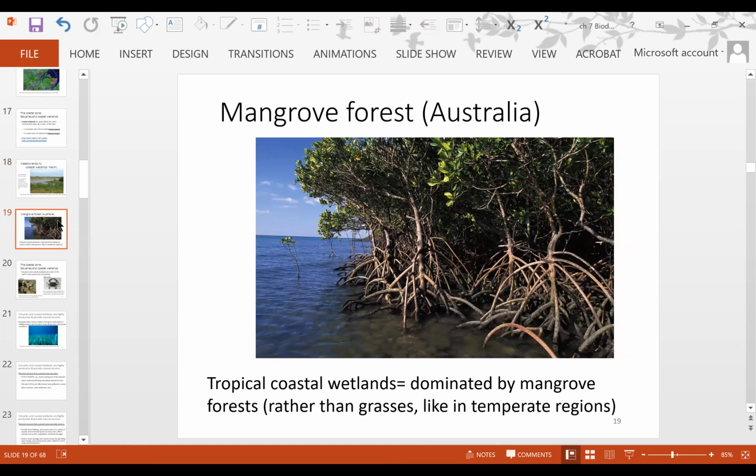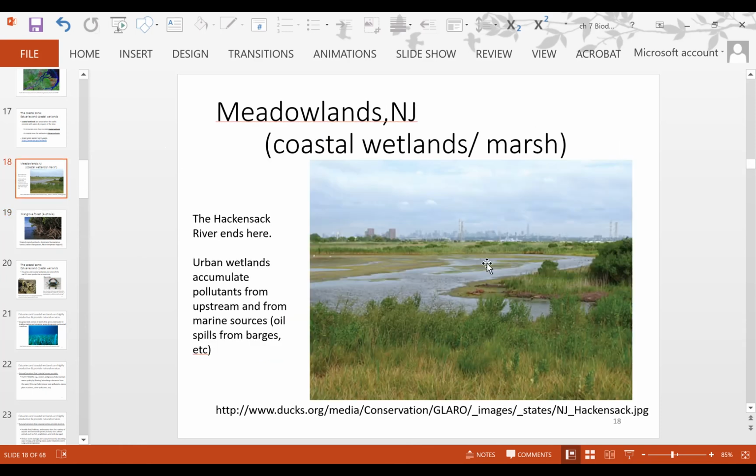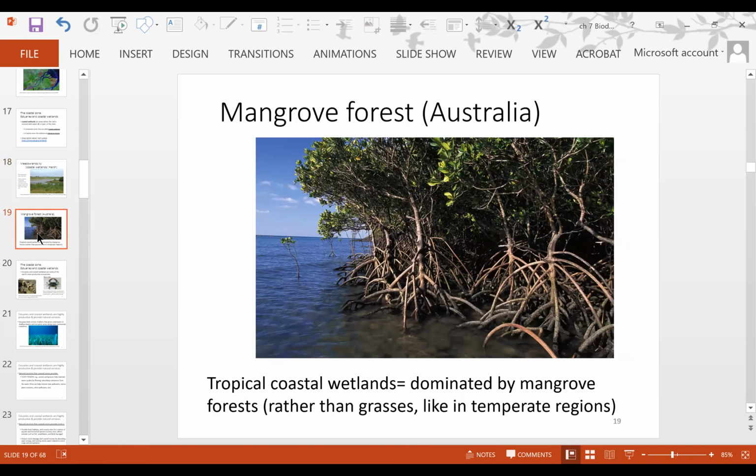And then here is a mangrove forest in Australia. So instead of a temperate zone's marshland, which is mainly grasses and a few small shrubs, you have these mangroves, which are small trees, and they have these strong roots, and they are really tightly intertwined with each other.